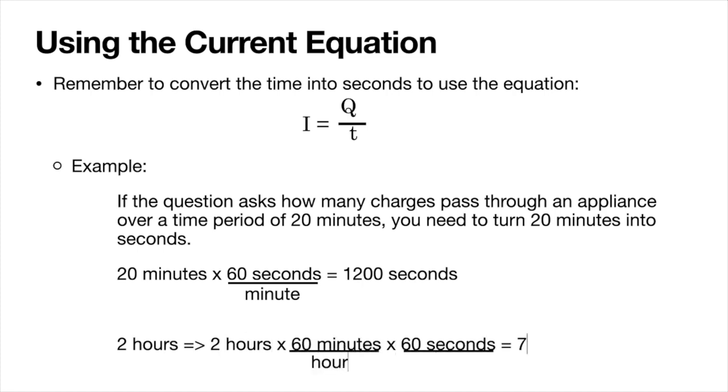Two hours would be 2 hours times 60 minutes per hour times 60 seconds per minute, which would equal 7200 seconds.